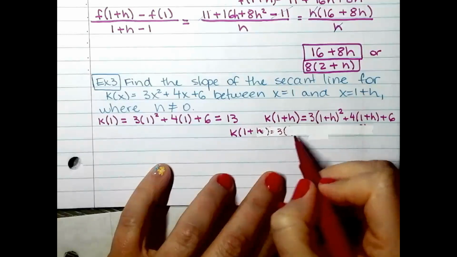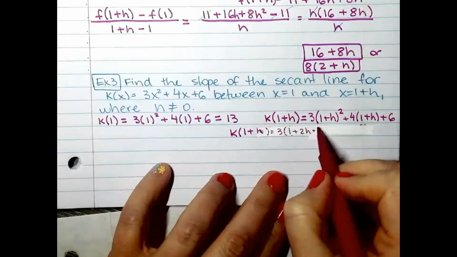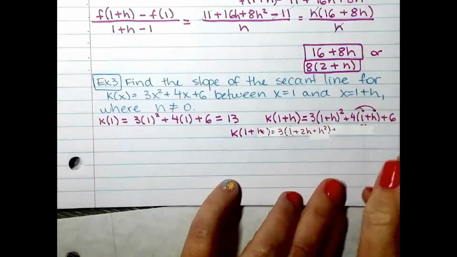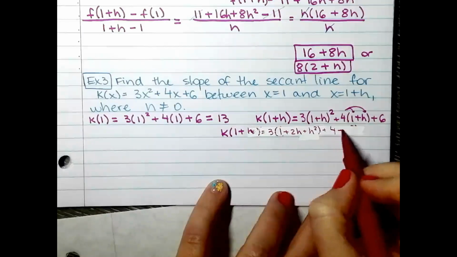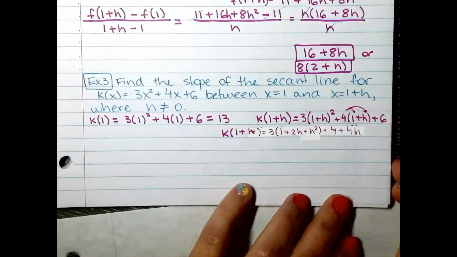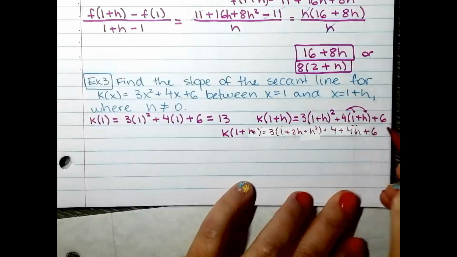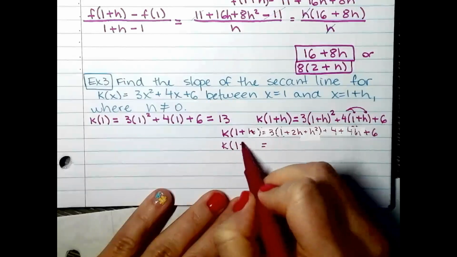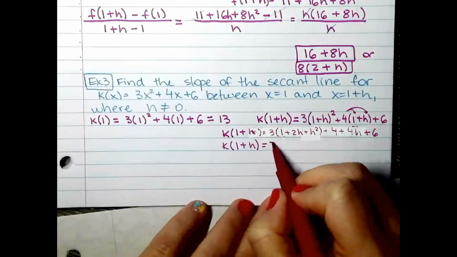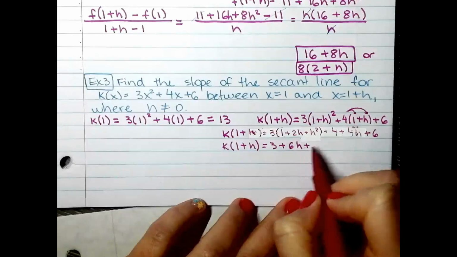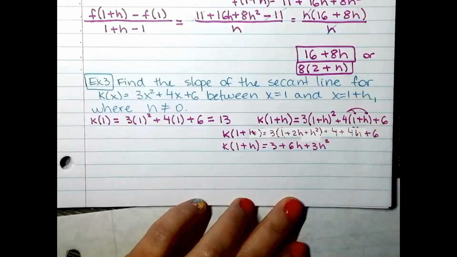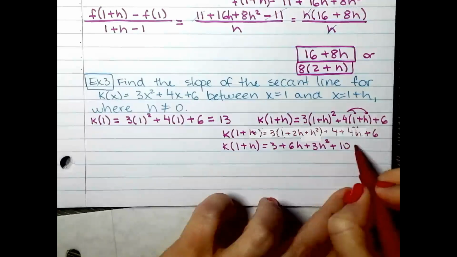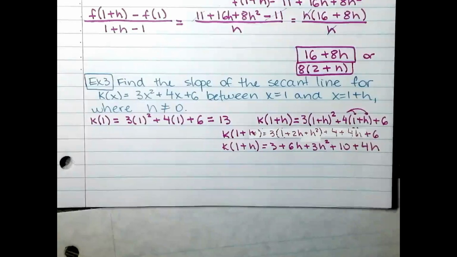So 3 times (1 plus 2h plus h squared). And I'll go ahead and distribute 4 right there. It is not pretty. Sorry about that, guys. All right. Distribute the 3. I'll go ahead and combine 4 and 6, just because what else am I doing? All right.